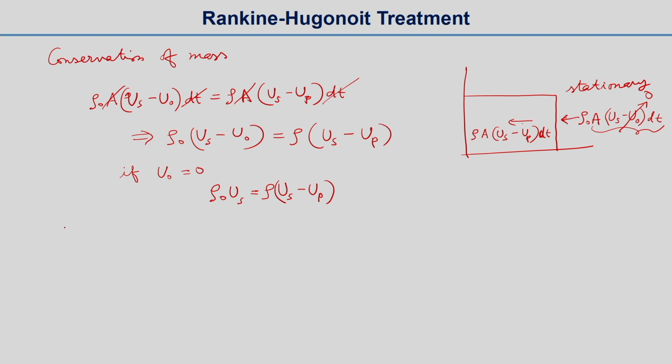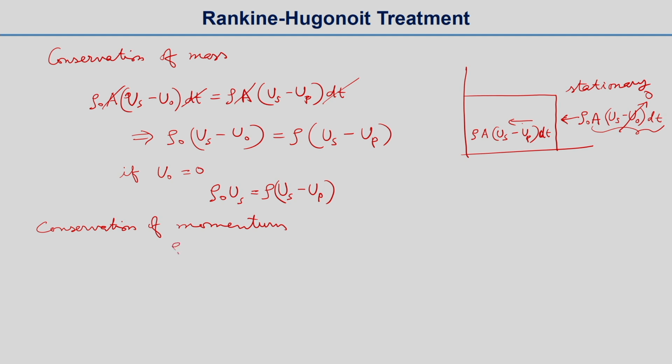After that we will try the conservation of momentum. We know that momentum is mass multiplied by velocity, and the momentum change will be equal to the impulse.